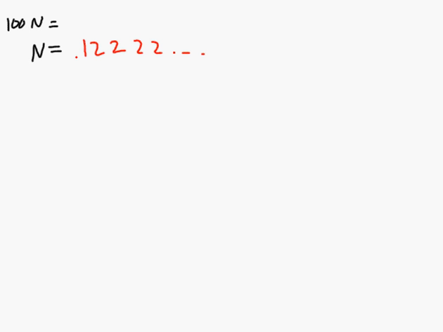Now, multiplication by 100 is very easy to do because you just move the decimal over twice, right? So what do we get? We get 12.22222 forever. Okay. So here's where I plan to take advantage of the fact that these 2's go on forever. All these 2's go on forever.